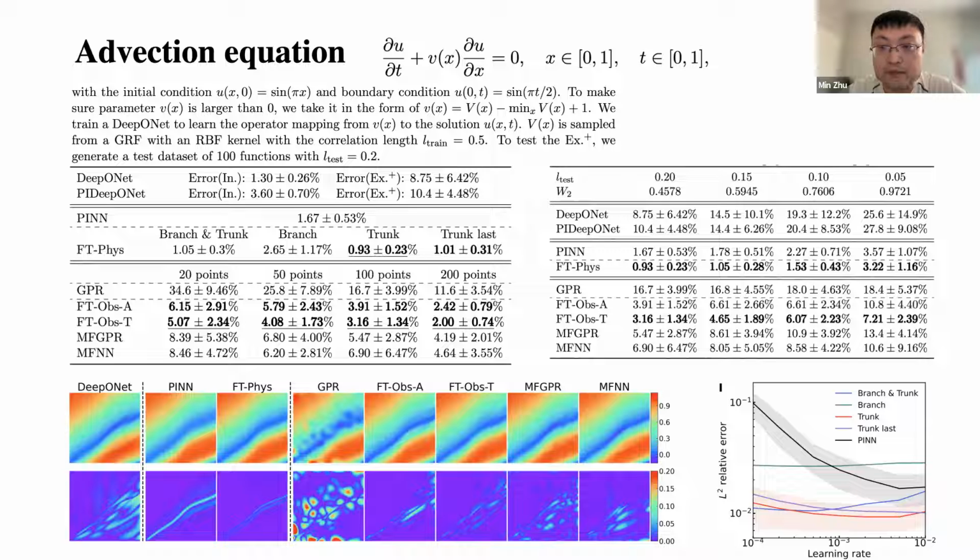The bottom figures are an example illustrating the predictions and the absolute errors of all methods. In the example, PINN and fine-tune with physics have similar error profiles, and fine-tune with physics is more accurate than the PINN, since the pre-trained DeepONet gives better initial parameters for fine-tune with physics.